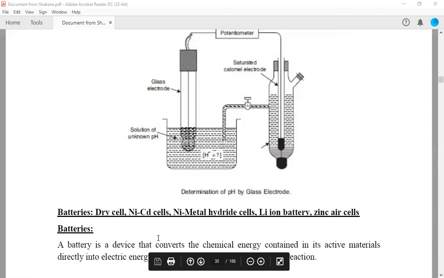That is the actual definition of the battery. The term battery is usually applied to a group of two or more electric cells connected together electrically in series.